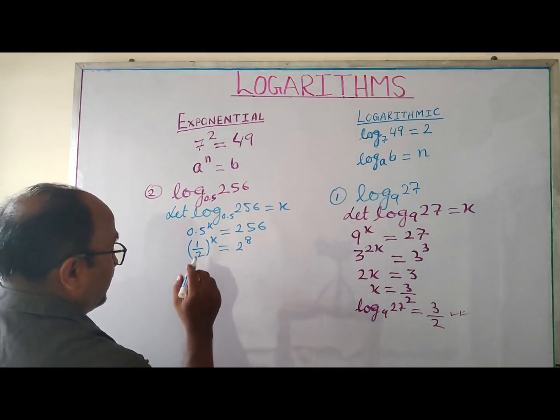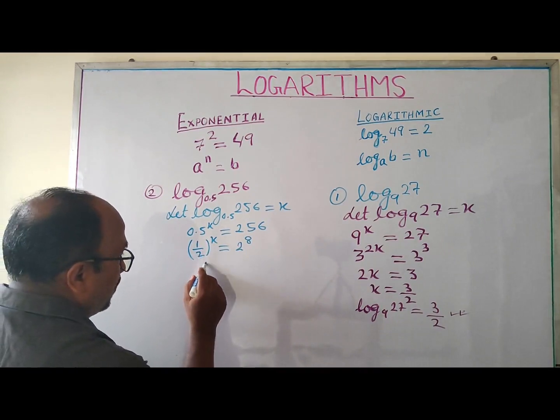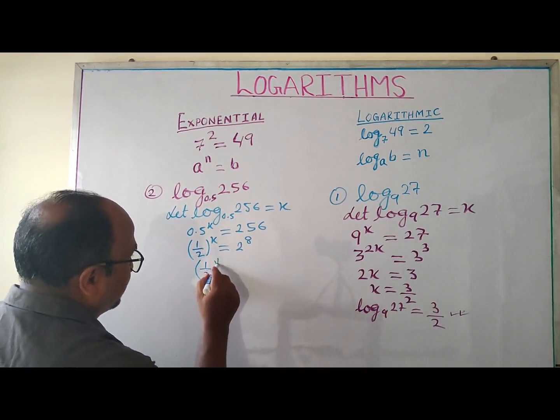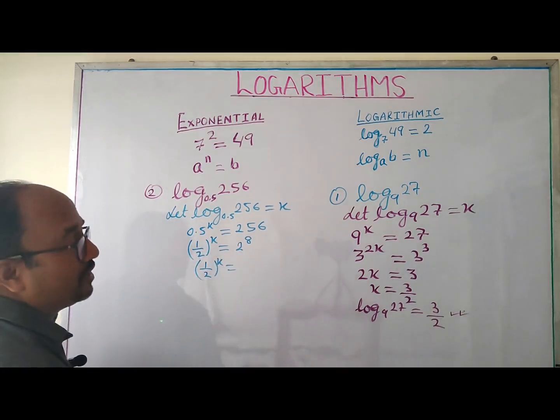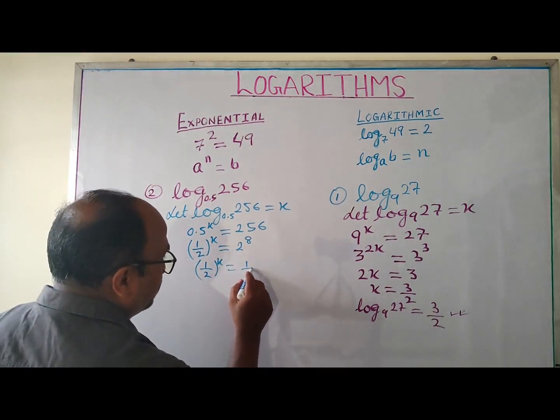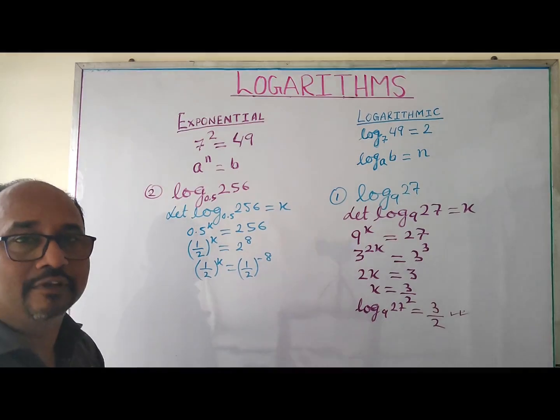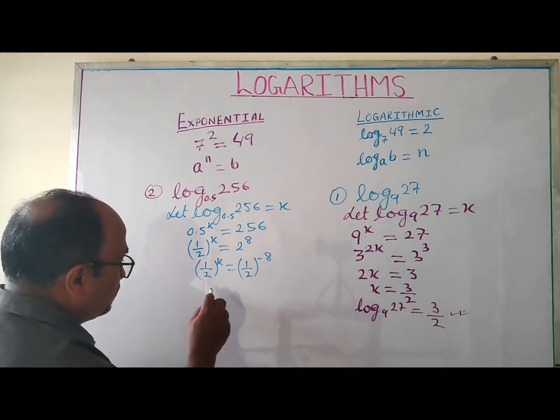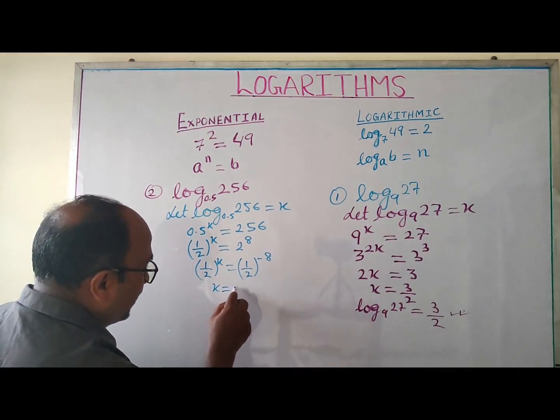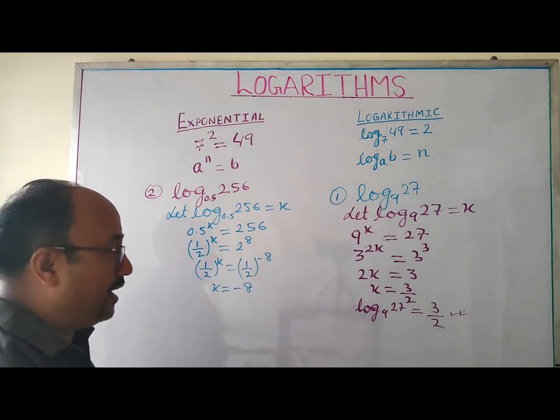Now I can write here this is half, so I am leaving it as half to the power x. This side also the base should become half. If I make 2 as half, you know that the power will have to be written in negative. So I have written it as minus 8. Now bases are same, so I can write x is equal to minus 8.